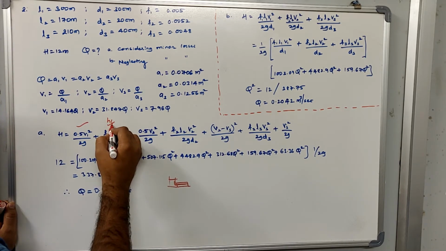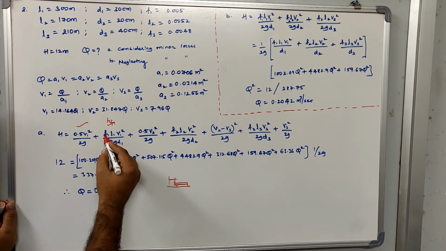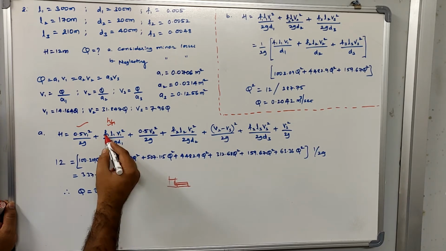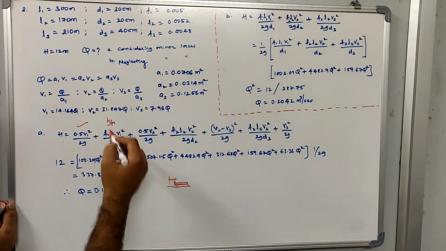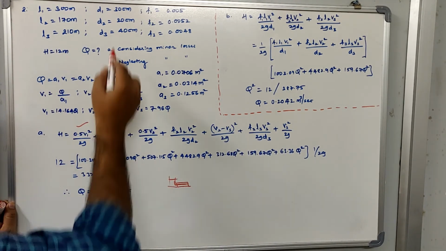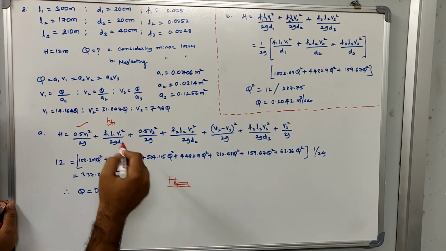We can call this HF1, the head loss due to friction in the first pipe. This will be F1 L1 V1 square divided by 2G D1. We know F1, L1 and V1, we'll see how to calculate V1, and D1 is also given to you. From this we can calculate the head loss due to friction in the first pipe.